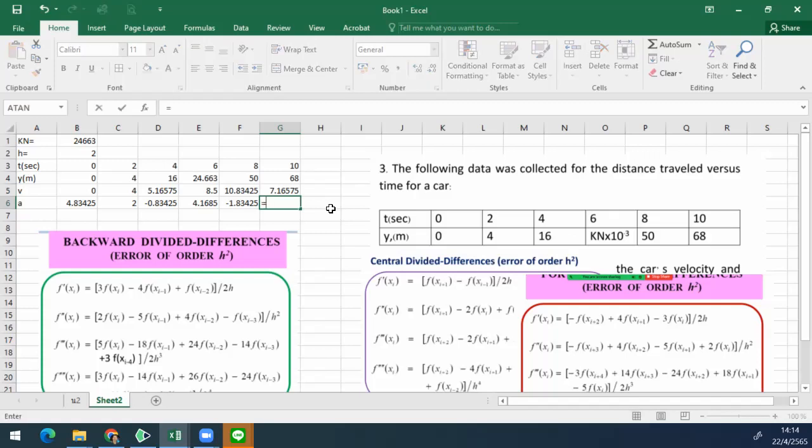And for the acceleration, the second derivative, it becomes 2 times f(x_i) minus 5 times f(x_{i-1}) plus 4 times f(x_{i-2}) minus f(x_{i-3}), divided by h squared.